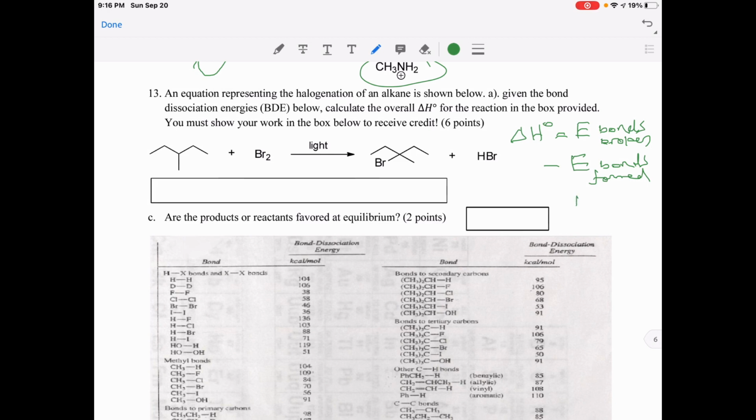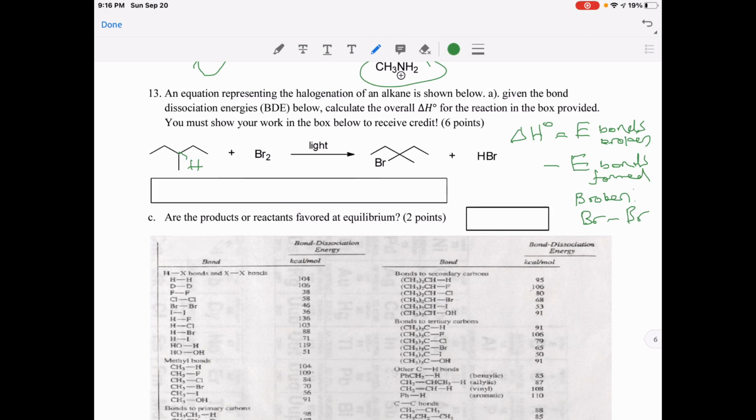So bonds broken. The first one would be just the Br-Br bond. The second bond that would be broken in this case would be a C-H bond, and not just any C-H bond, a tertiary carbon and a hydrogen.